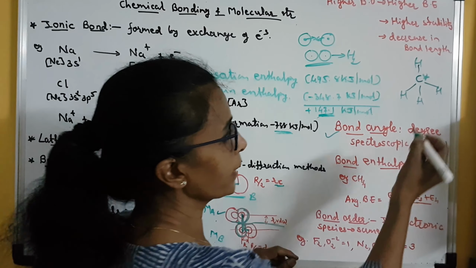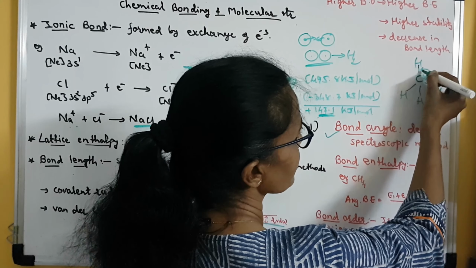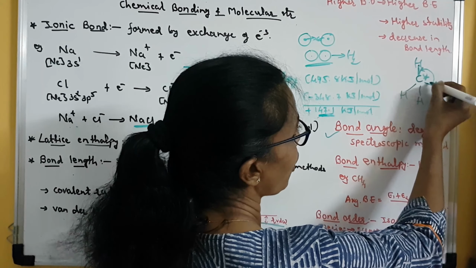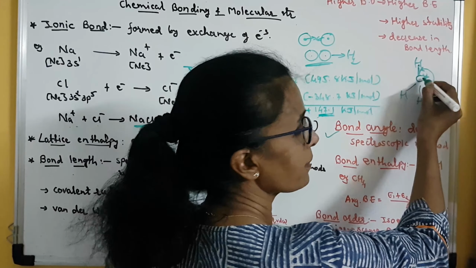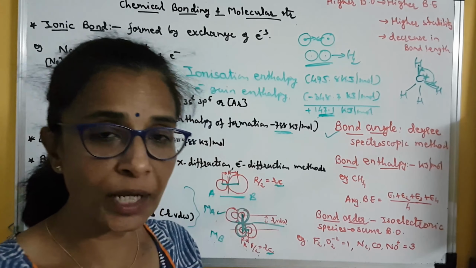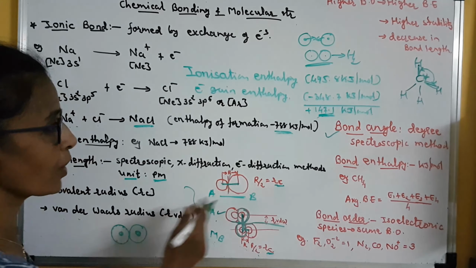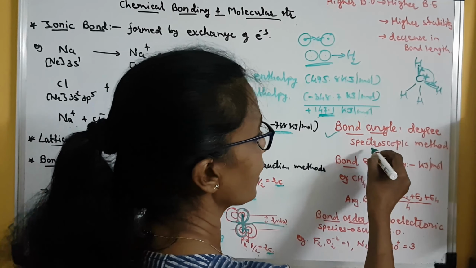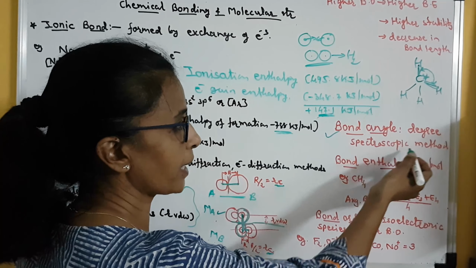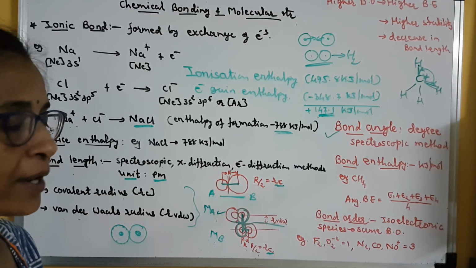So bond angle is the angle between the orbitals containing bonding electrons around the central atom in a molecule or polyatomic ion. So that is called bond angle, and it is generally measured in degrees, and here also the technique used to measure bond angle is a spectroscopic method.